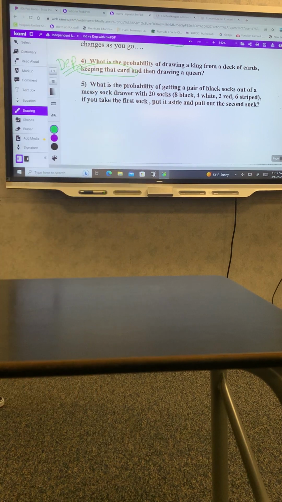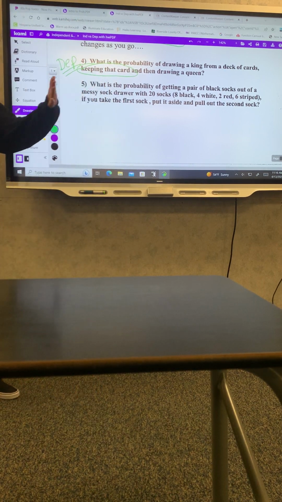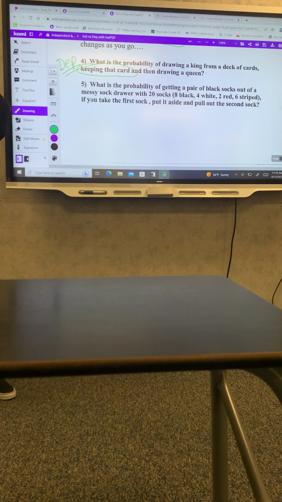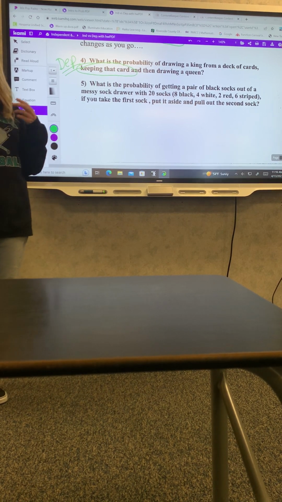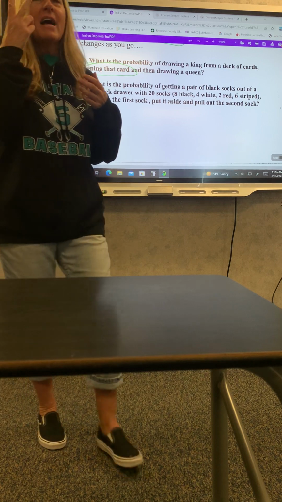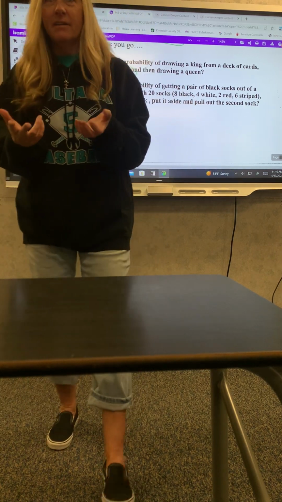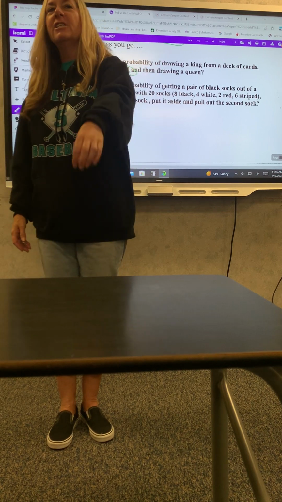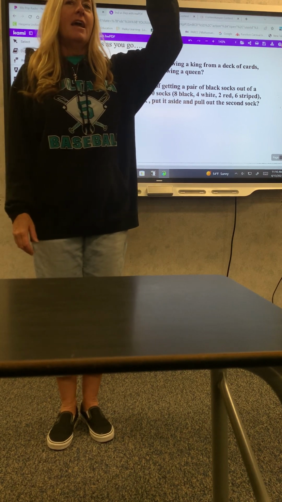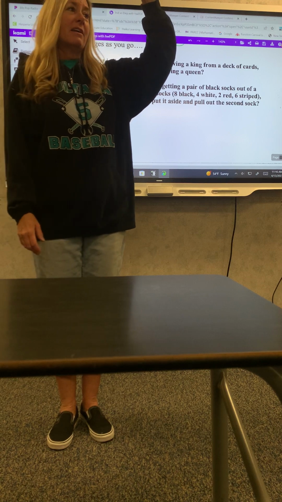But that's this question. So there's this big drawer of just hodgepodge socks, right? And it says, what's the probability that you get 2 black socks? That's what the question's saying, okay? So if you were actually looking in this drawer and you reach in and you pick out a sock, and it's black. We get to assume it's black. Everybody got it?